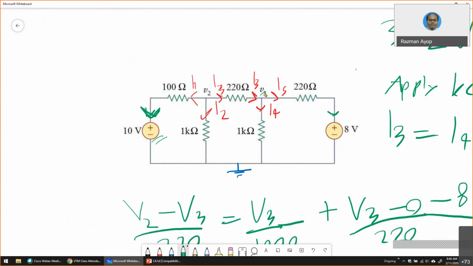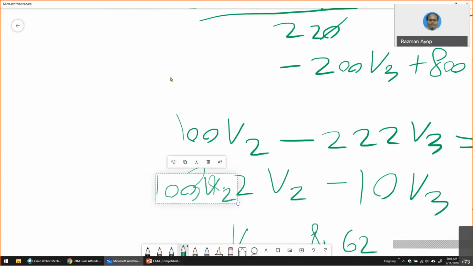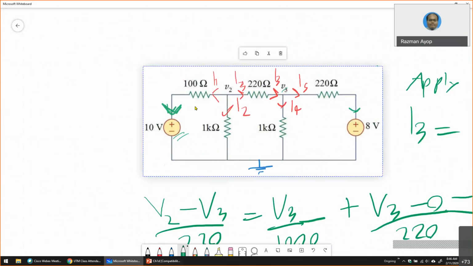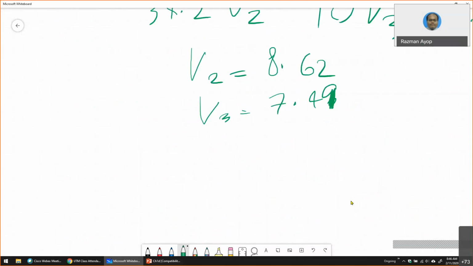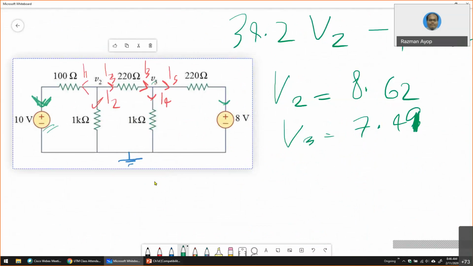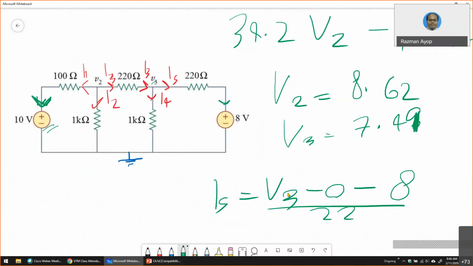So if you want to get the current, okay, the branch current, you just insert the value. Insert this value into the Ohm's law. Okay, for example, if you want to get I5, so I5 is V3 minus 0 minus 8, divided by 220.